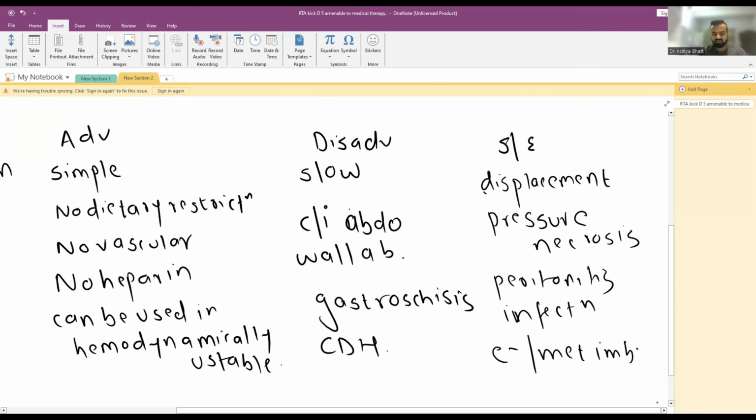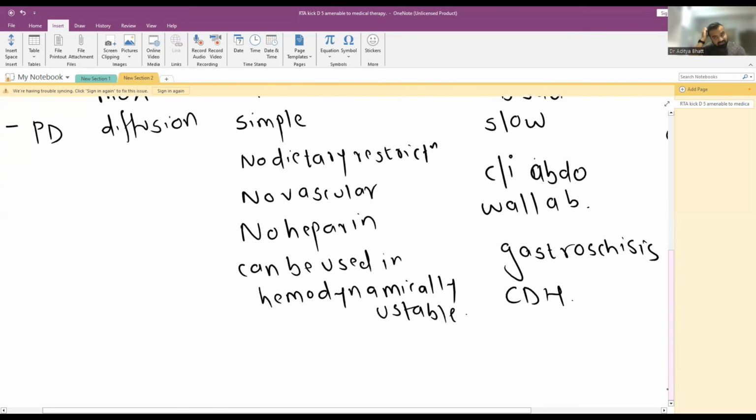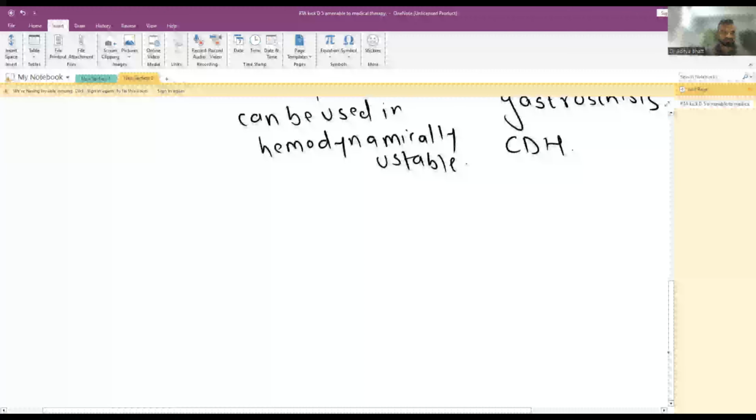So this is about peritoneal dialysis, the easiest to perform and most convenient. Even in neonatology and pediatrics, we prefer the usage of peritoneal dialysis in patients.